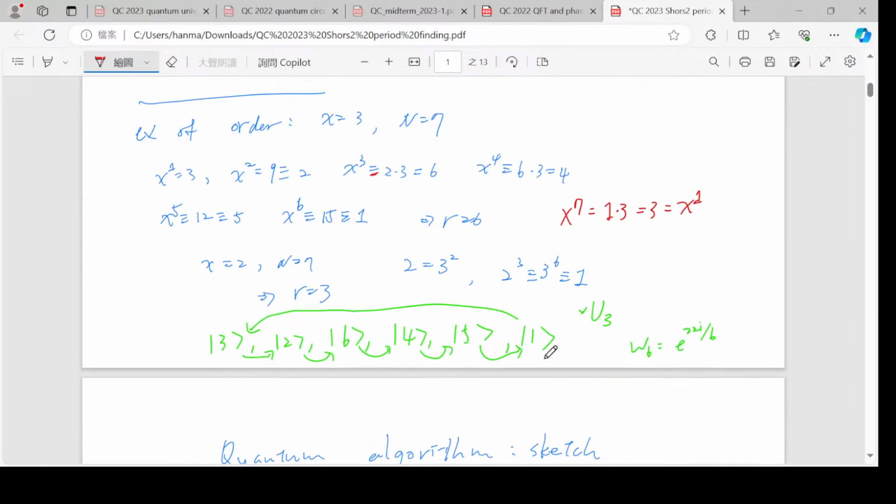And from here we see that we have a quantum algorithm that can find the period pretty fast.